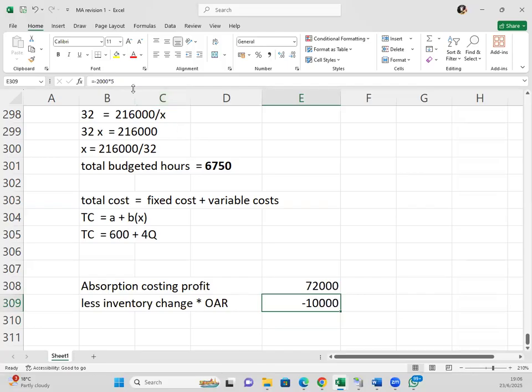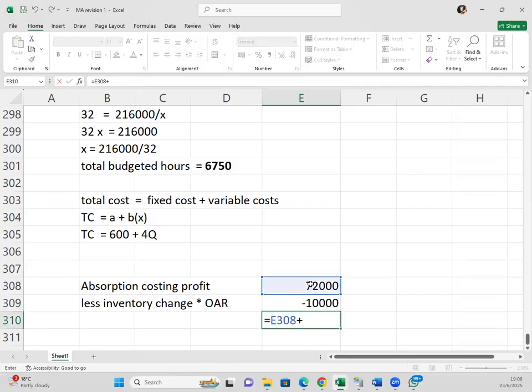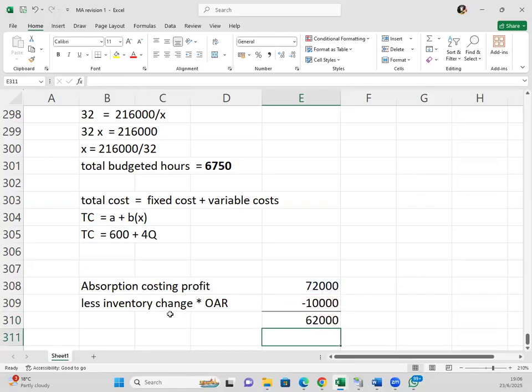So I guess Bowen was correct, because if we say 72,000 minus 10,000, this should give us 62,000. So your answer was correct.